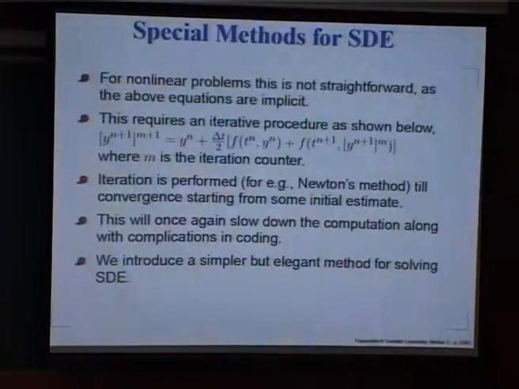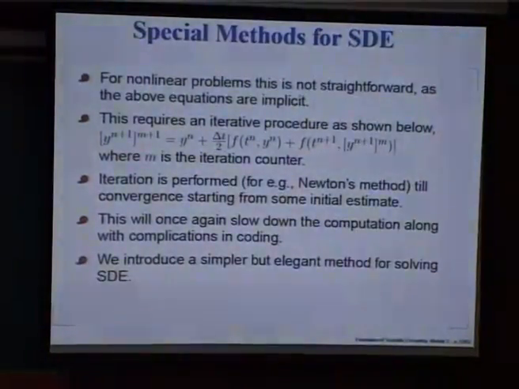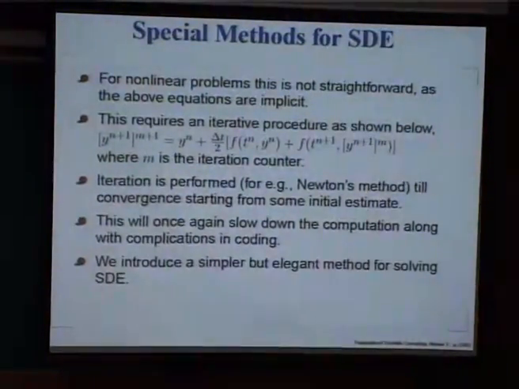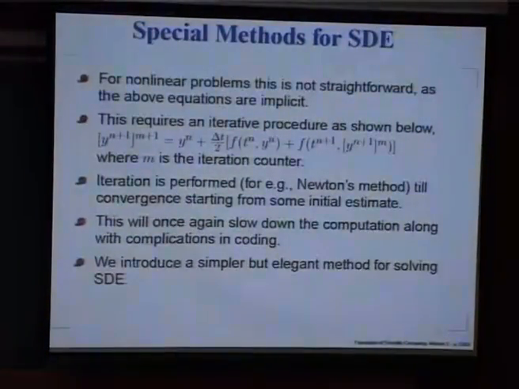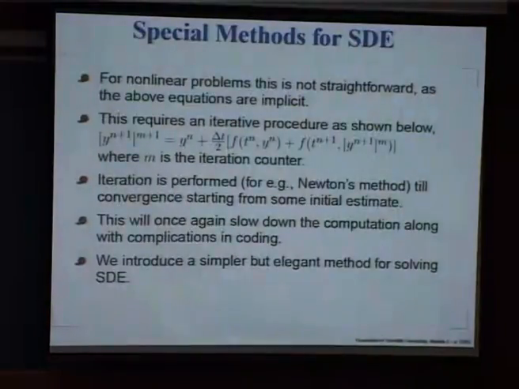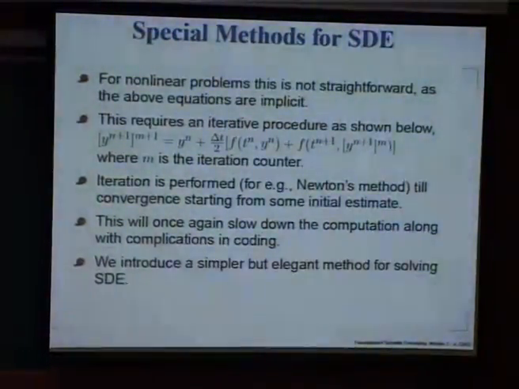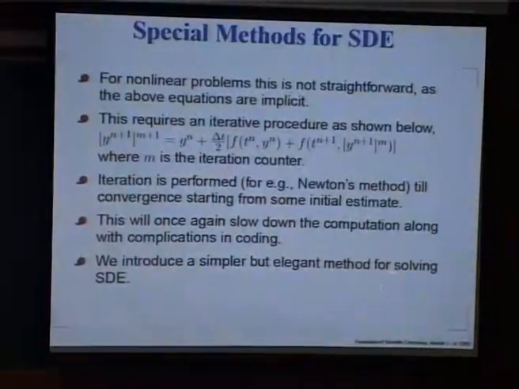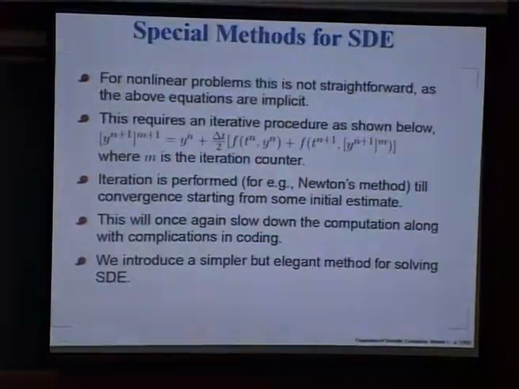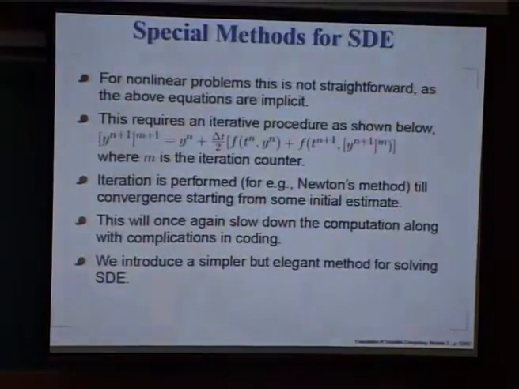So, what I do is I take some initial guess, work out some next step value, then use that back here and then keep doing it, and convince ourselves that we have reached some kind of a convergence criteria. And once we have done that, we are through for that time step, and this procedure has to be repetitively done for every time step, and you can understand that this will slow down the computation, and you also of course have to do a little bit of involved coding. That would be some additional chore for you to undertake.